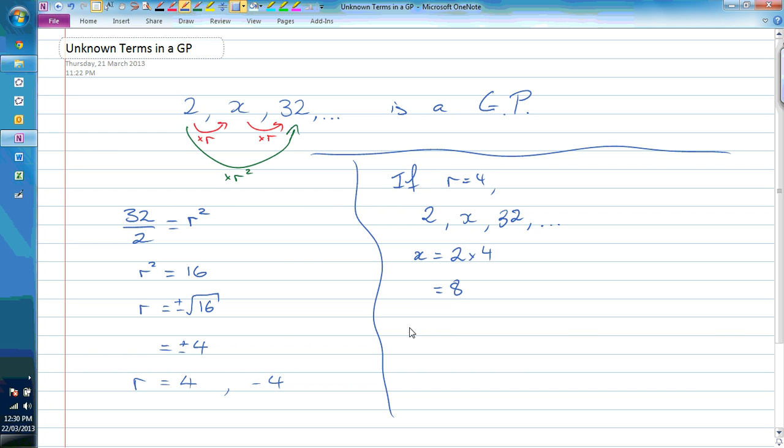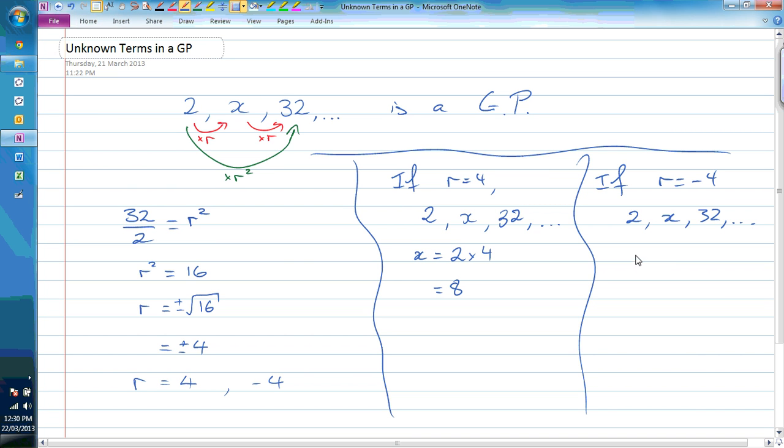It's going to be 8. If instead I have r is negative 4, then x is going to be found by doing 2 times negative 4, and I'm going to get negative 8. So there are two possible values that could go in where x is 8 or negative 8.